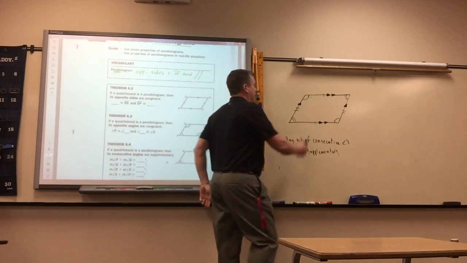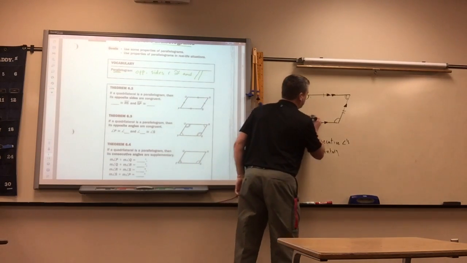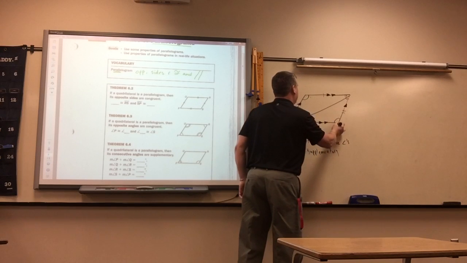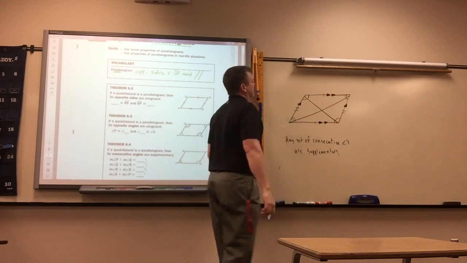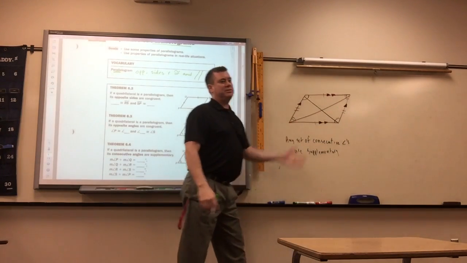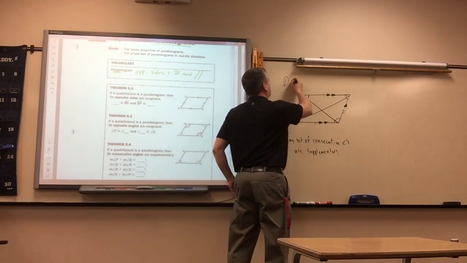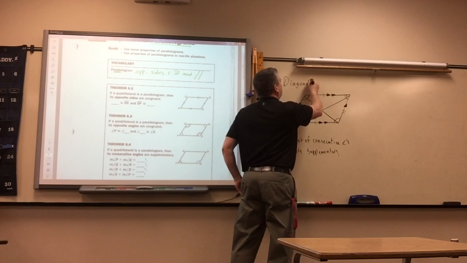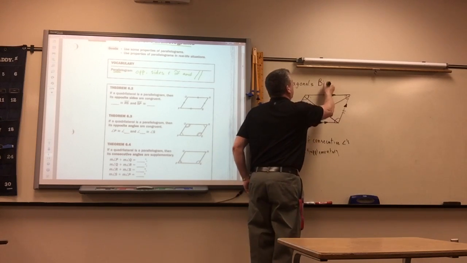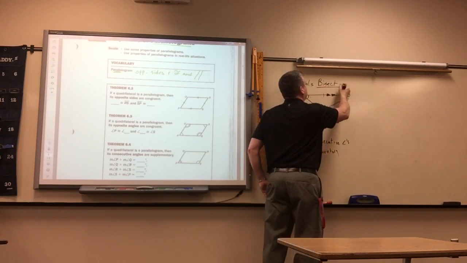And then the last one, I think that's all they do today. If you drew in diagonals, diagonals just connecting the vertices, the diagonals bisect each other. Supplementary means 180. Do you remember what bisect means?